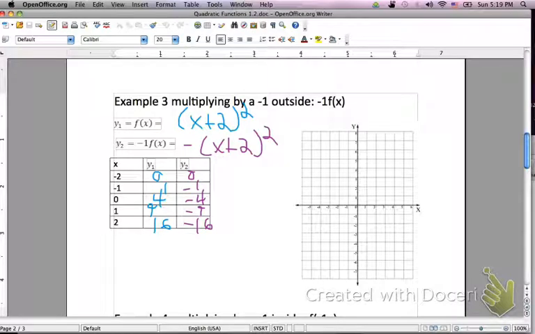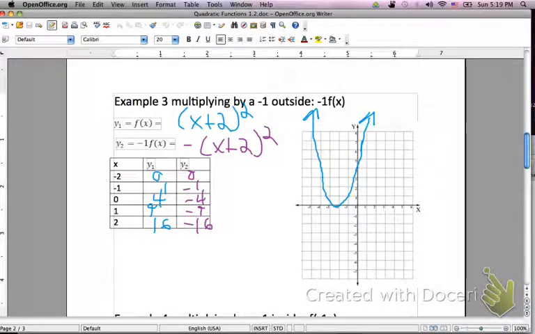Okay, so let's graph this. So at negative 2 I have 0, negative 1 I have 1, 0 I have 4, 1 I have 9, so it's going to be off the graph here. Okay, so I have something that looks like that for the blue function.